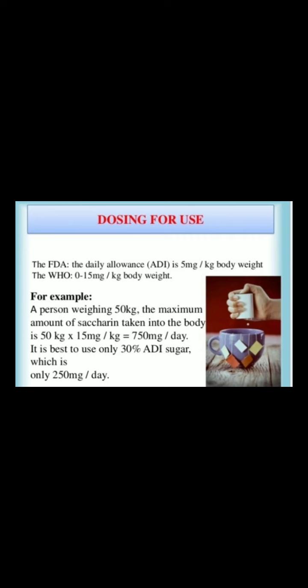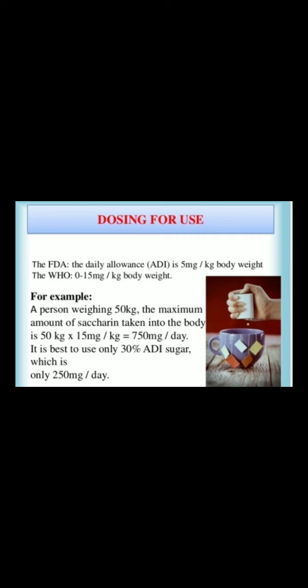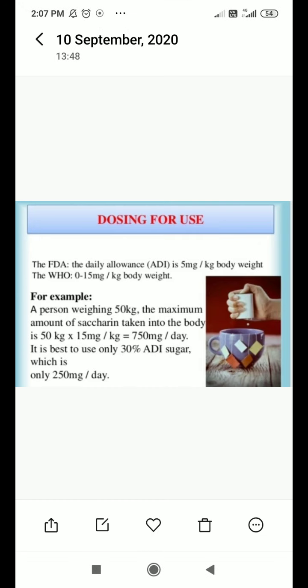So if the person is consuming 15 mg per kg body weight, and the person has a body weight of 50 kg, then 50 times 15 is 750 mg. According to WHO, the maximum daily dose of saccharin is 750 mg per day.